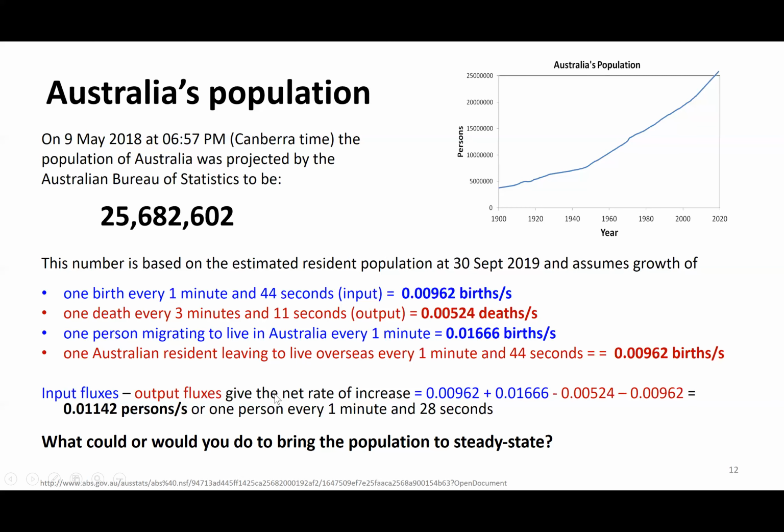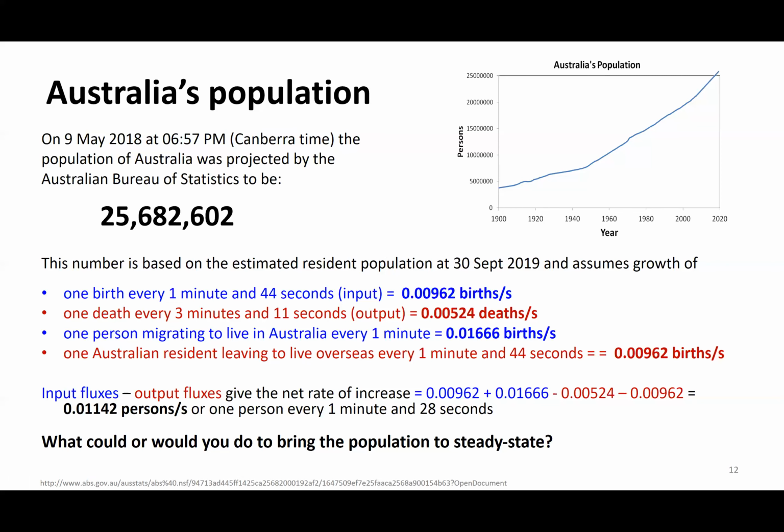If we have to balance this, obviously we either have to decrease the input fluxes or increase the output fluxes. So if we're going to decrease the input fluxes, then we need to reduce the birth rate, or we need to decrease the number of people migrating to Australia.